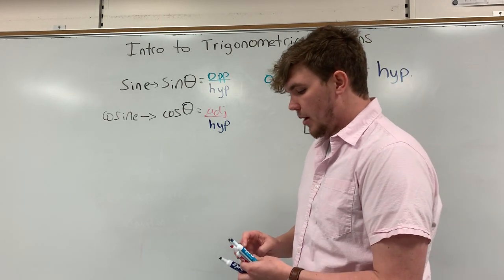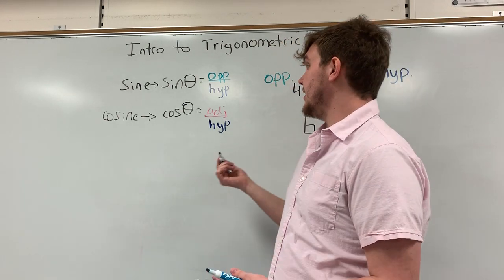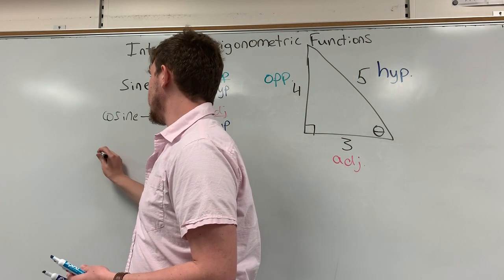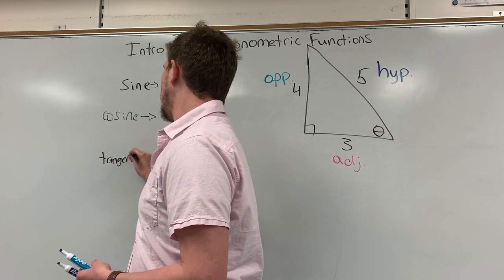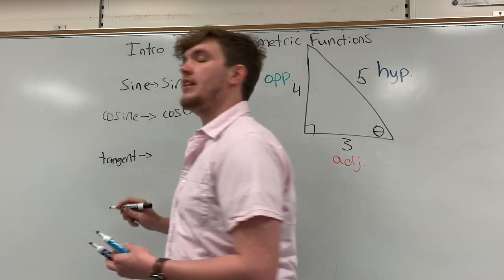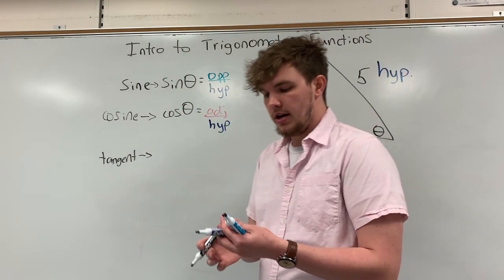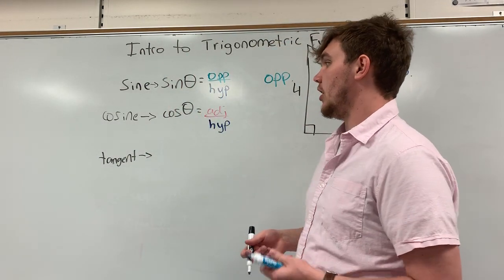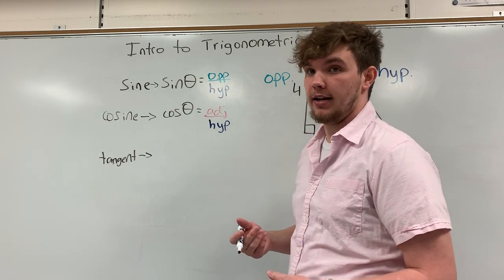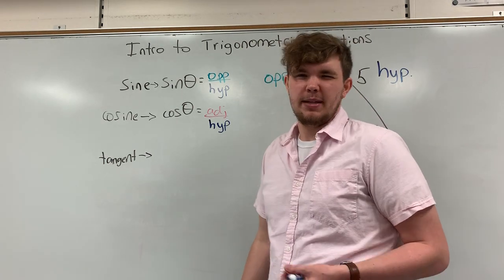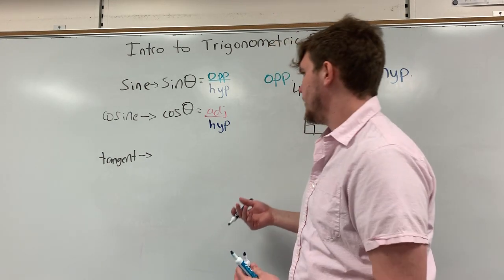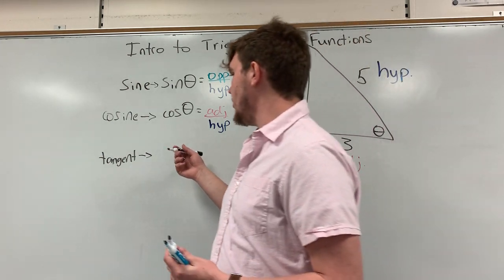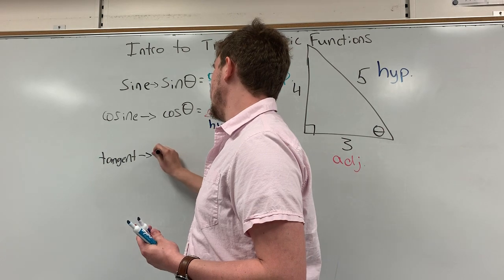And then a third one I have is tangent. You've probably seen the word tangent before in geometry or maybe even outside of math, like something is tangent to something. But anyway, tangent is always abbreviated as tan.